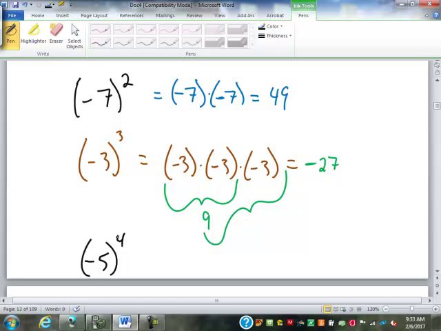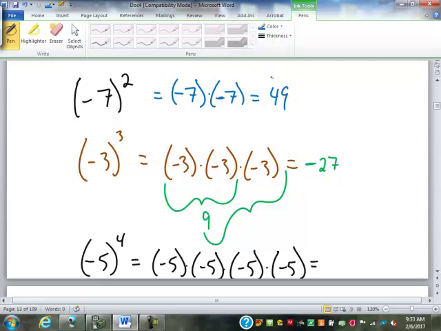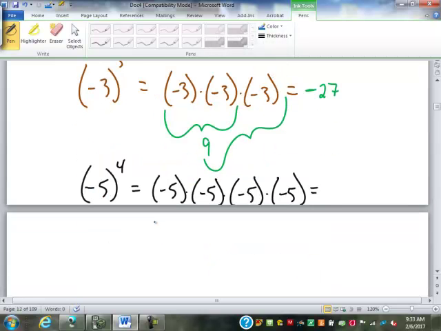How about something like (-5) to the 4th power? Will that be positive or negative? Positive. That is four -5's multiplied together. And again, we can only do two at a time. So -5 times -5 is positive 25.